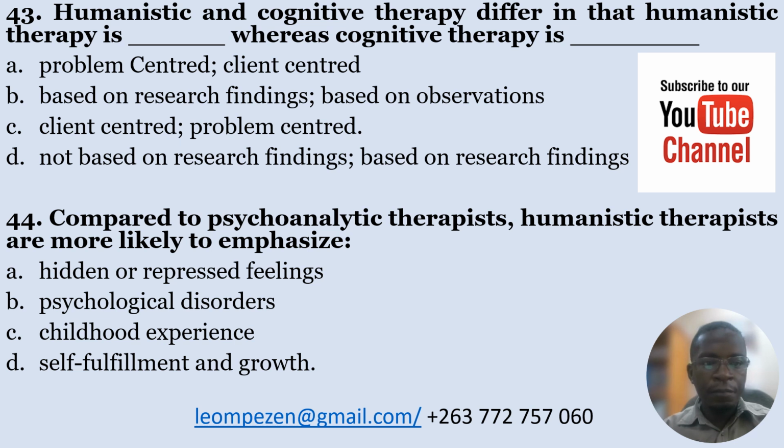Number 43, humanistic and cognitive therapy. Define that humanistic therapy is dash, whereas cognitive therapy is dash. A, problem-centered and client-centered. B, based on research findings, while the other is based on observations. C, client-centered and problem-centered.